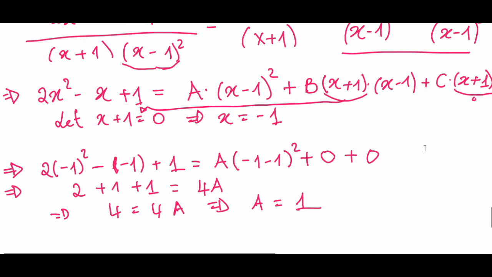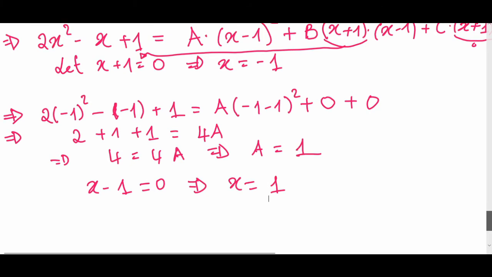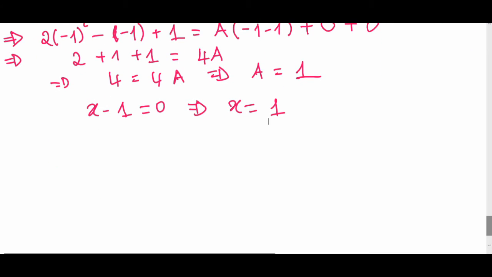Now I will do the same with the other factor. So I will set x - 1 to be equal to 0. This will imply x is equal to 1. Now where I see x in my equation, I replace it by 1.